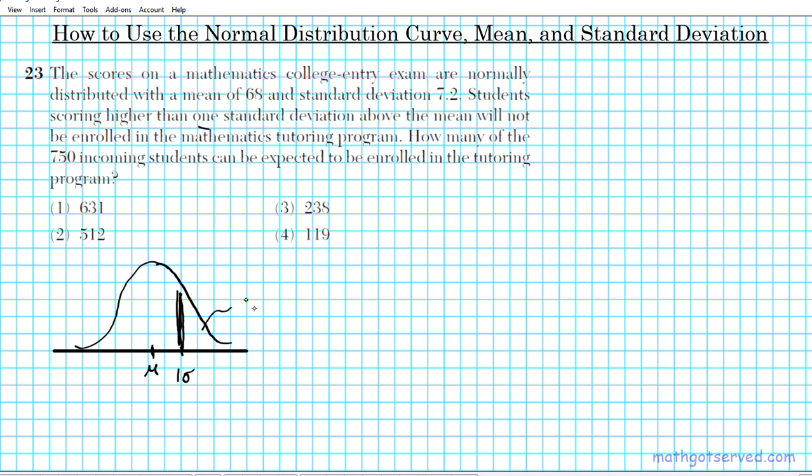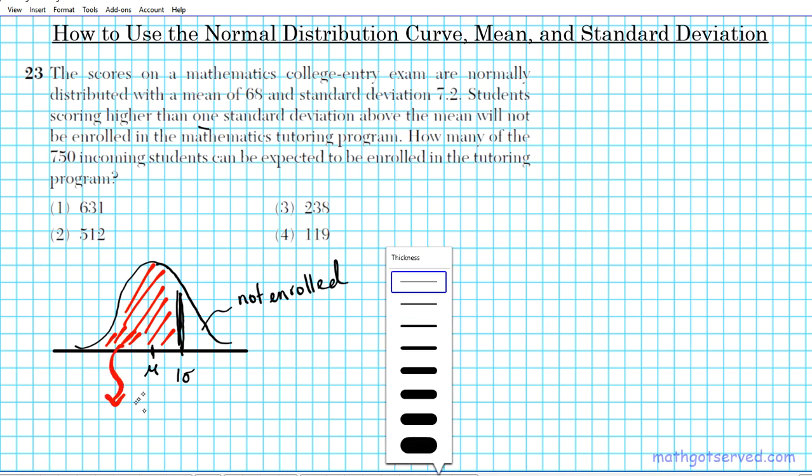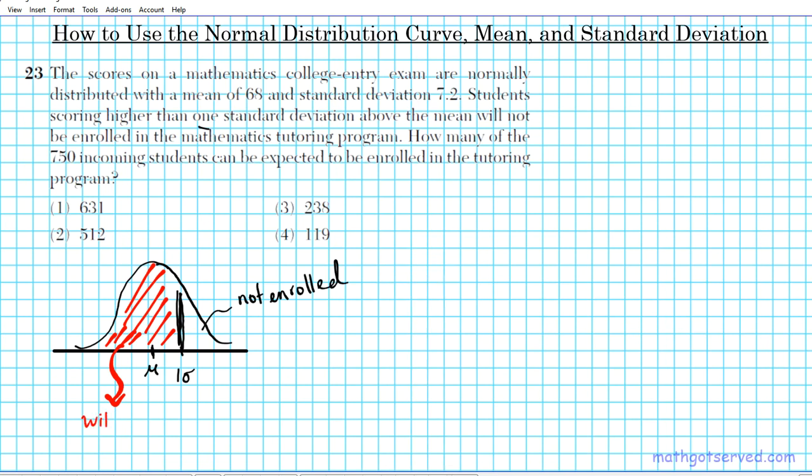Okay, not enrolled because their scores are pretty high. But the population that falls in this bracket right here, beneath one standard deviation from the mean, everybody in this space right here will be enrolled because your scores are not high enough. Okay, so will be expected to enroll.